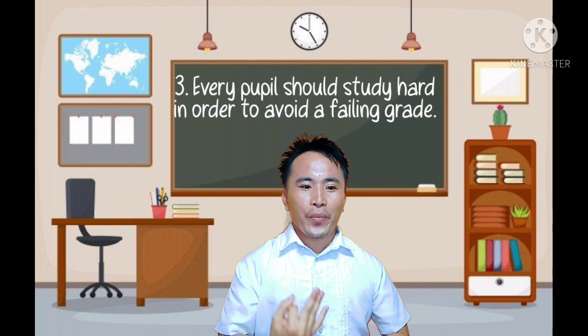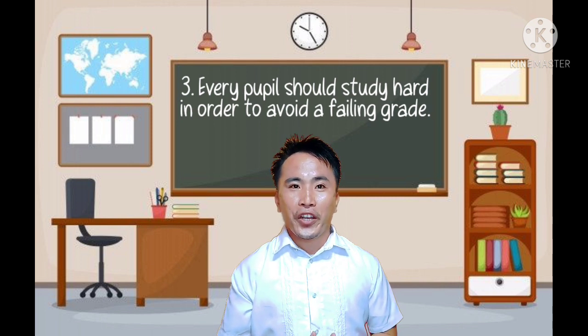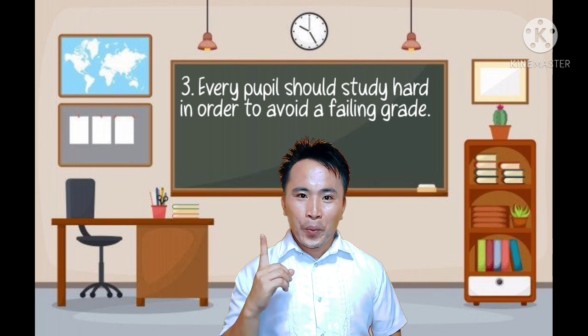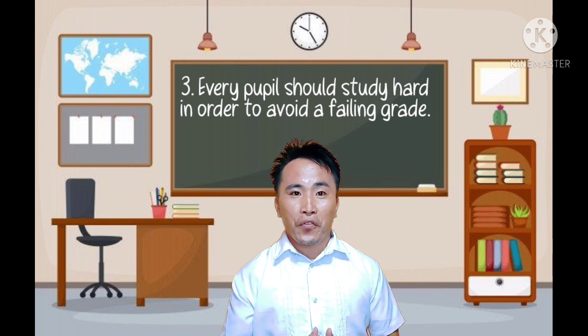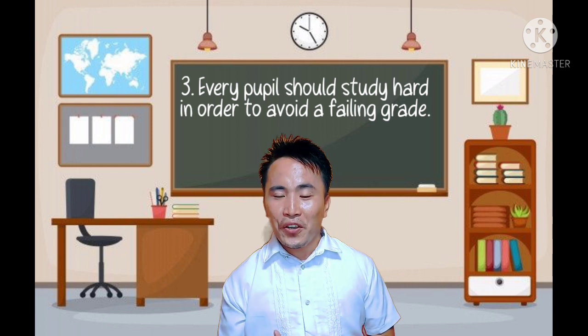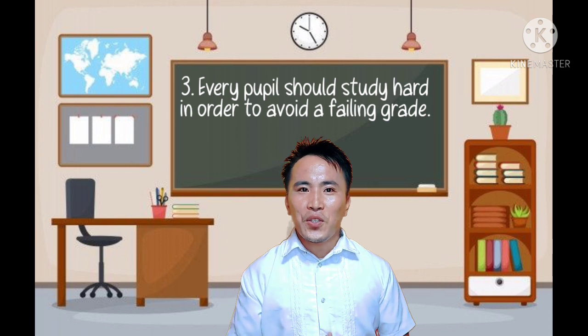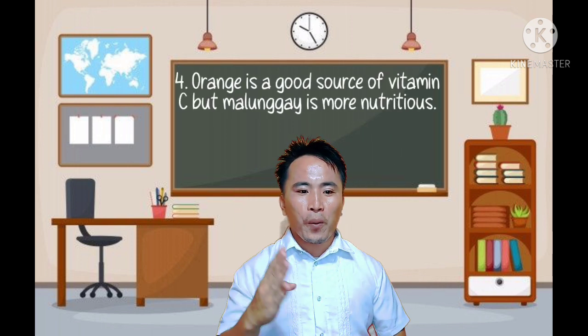Number 3. Every pupil should study hard in order to avoid a failing grade. What do you think is the correct answer? Correct. The correct answer is problem solution. Number 4.